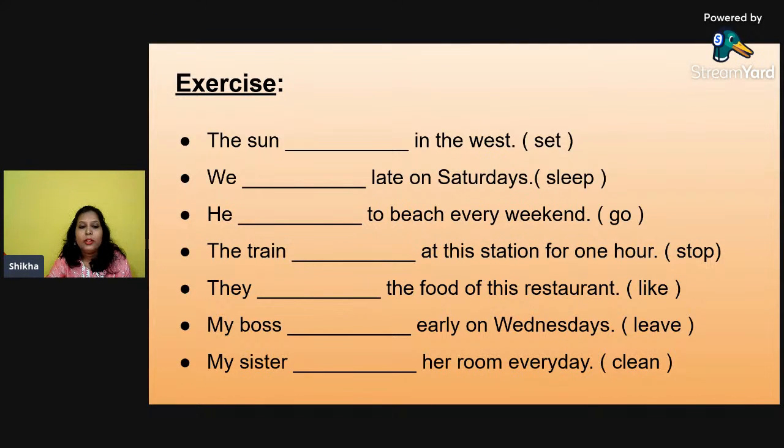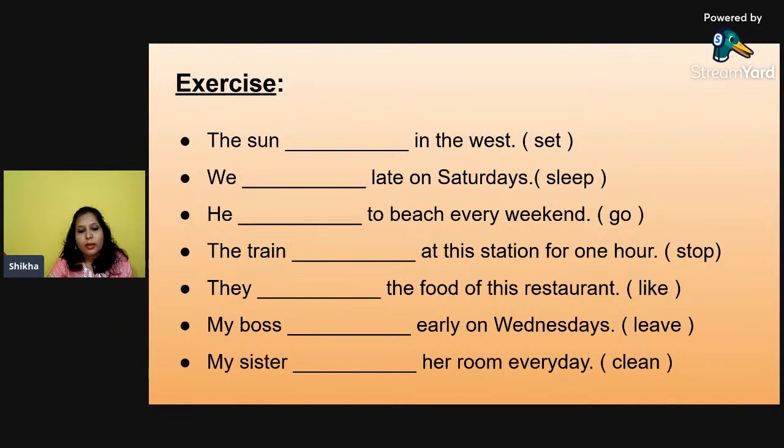And then the train dash at the station for 1 hour. Again we are talking about the train, right? The train becomes the third person. So it would be stop or stops. Yes, the train stops at the station for 1 hour.